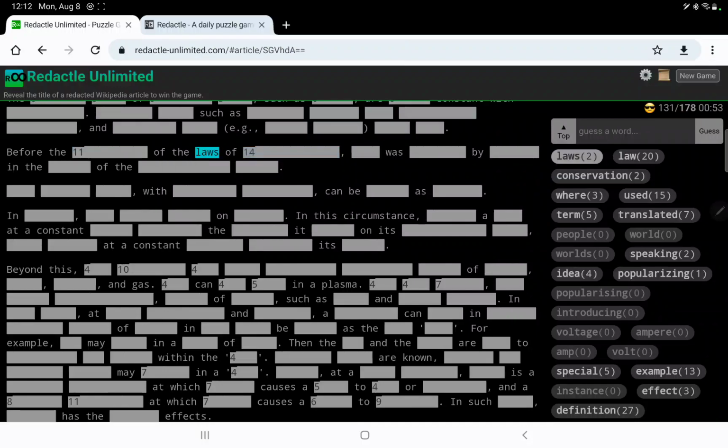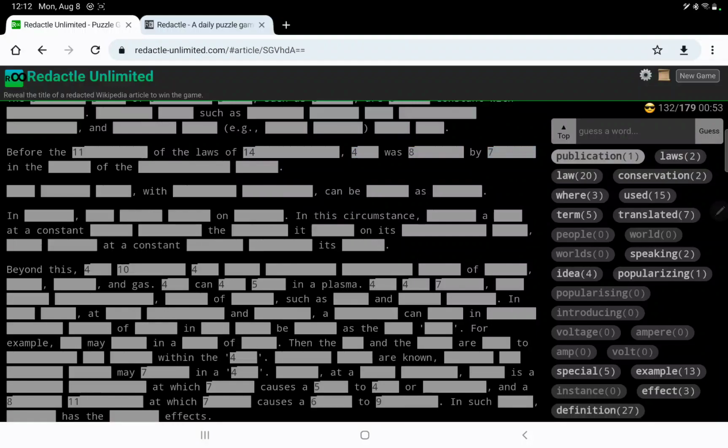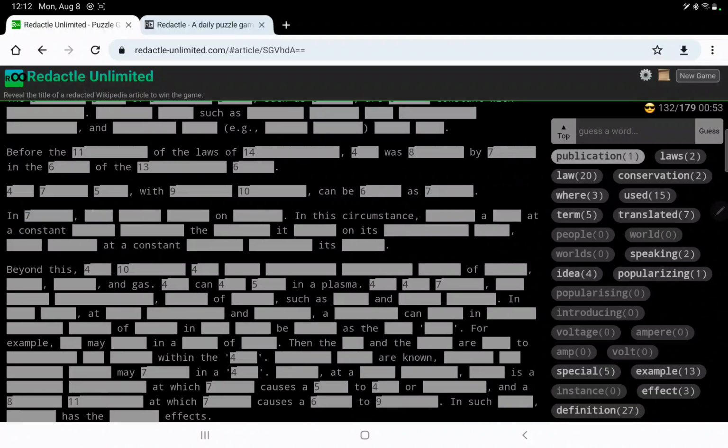Before the publication. Yeah, let's try it. No. Of the laws of something, 4 was 8 by 7 in the 6 of the 13, 6. 4, 7, 5 with 9, 10 can be 6 and 7. Oh my goodness.